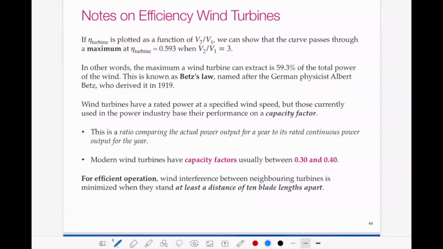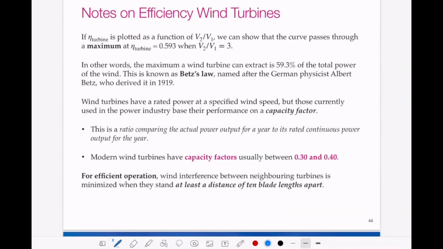So there is a maximum efficiency of a turbine. In other words, the maximum amount of energy that a wind turbine can extract is 59.3% of the total power of the wind. And this is actually known as Betz law, named after the German physicist who derived it many, many years ago.